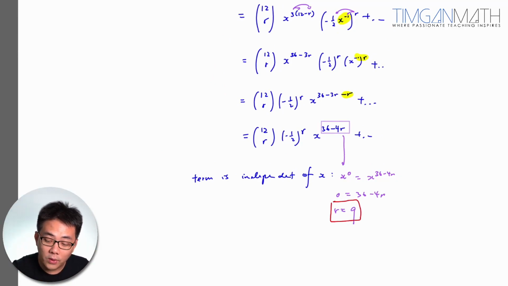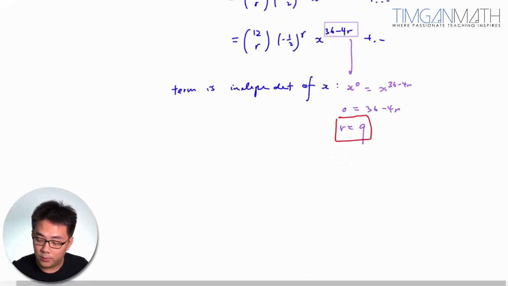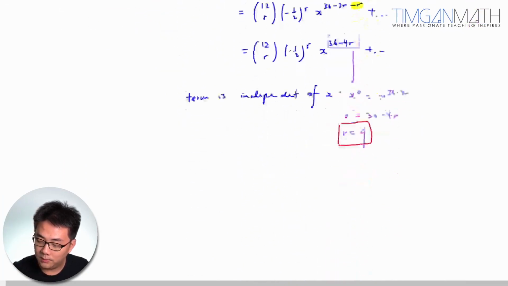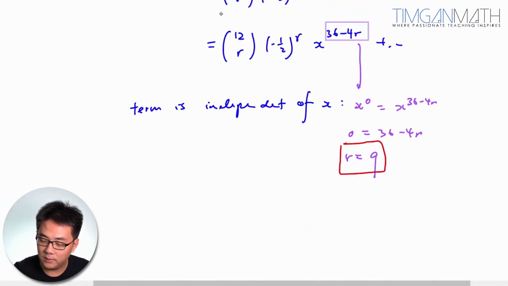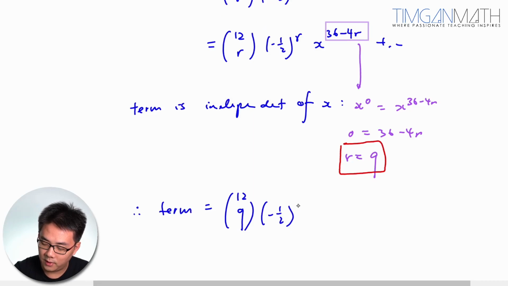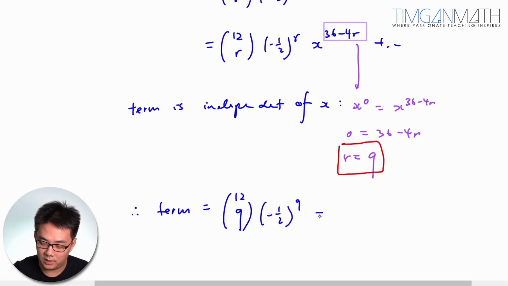What you need now is to substitute. You want the coefficient of the term. So essentially, for this whole term here, you substitute r equals 9. The term would be 12 choose 9, times negative half to the power 9, and x to the power 0, which is redundant, so we can just leave it as such.